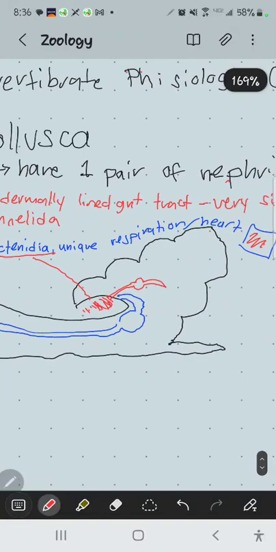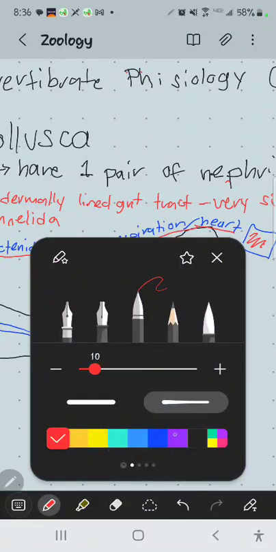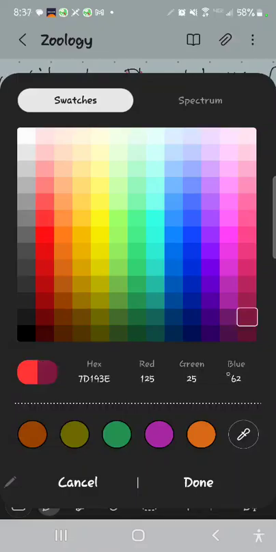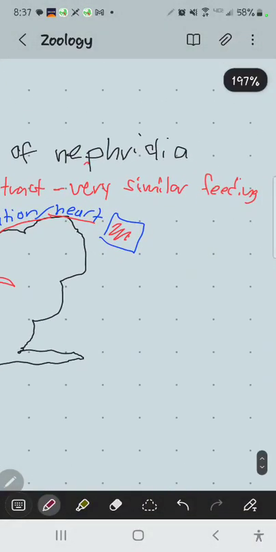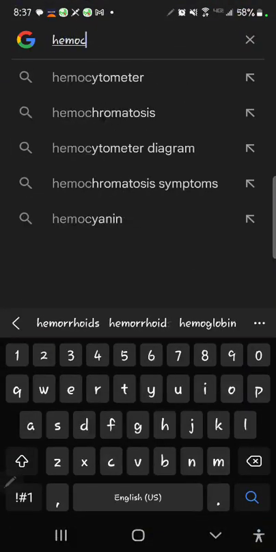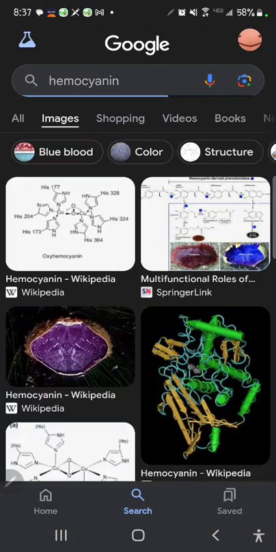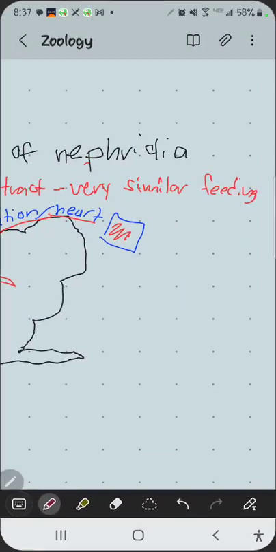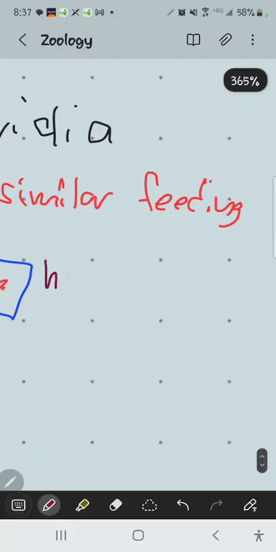In addition to the gill, they have a respiratory pigment called hemocyanin. We'll probably talk about hemocyanin maybe today, certainly on Tuesday. We'll see what we get to. But hemocyanin functions a lot like hemoglobin. It uses copper to carry oxygen.